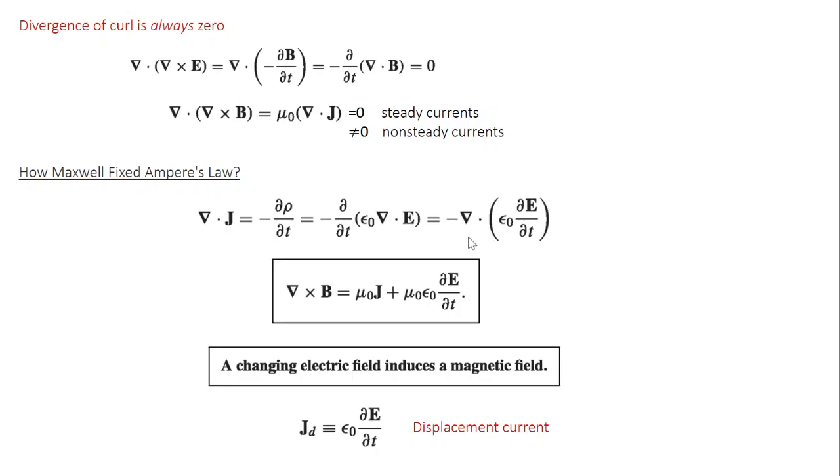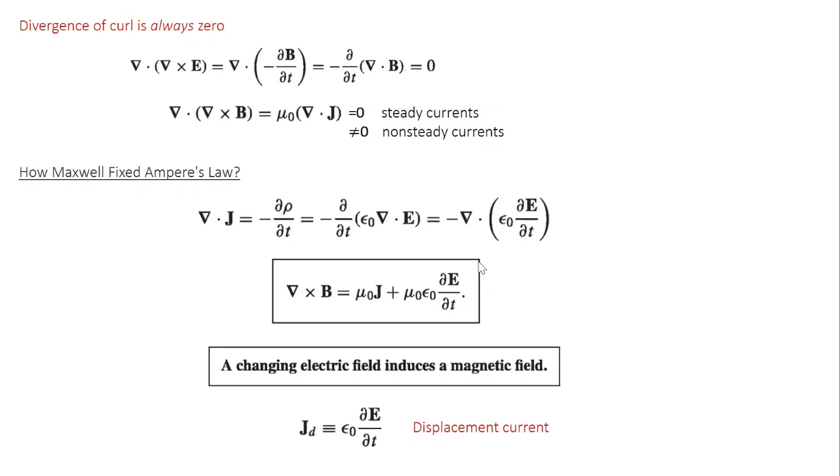If you add epsilon naught dou E by dou t to J, the total divergence becomes 0. So Maxwell corrected Ampere's law and wrote curl of B equal to mu naught J plus mu naught epsilon naught dou E by dou t. If you take divergence, you will find that the total divergence is 0.